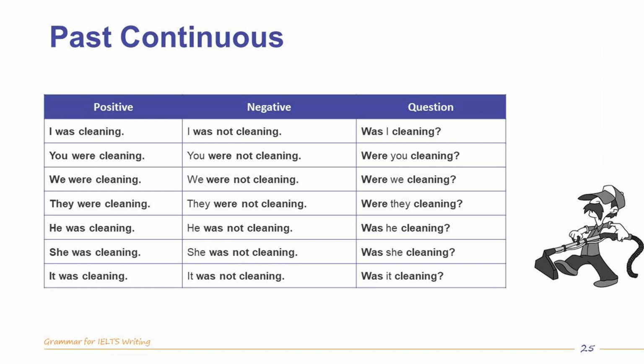Like the present continuous, the past continuous is formed using to be with verb plus ing. However, as this is a past tense, to be is changed into the past, was or were, while the present participle, verb plus ing, remains. We can see an example here with the verb to clean.